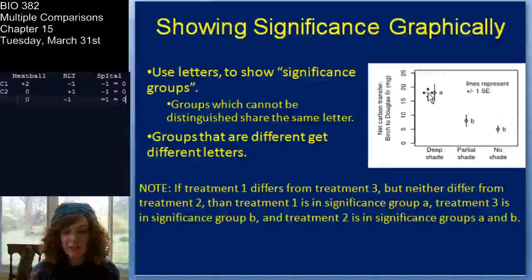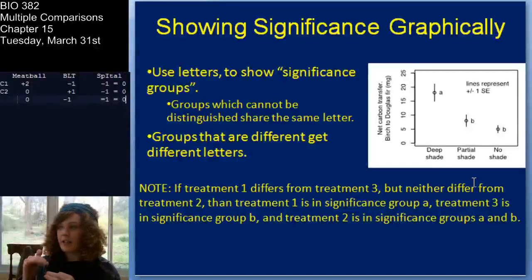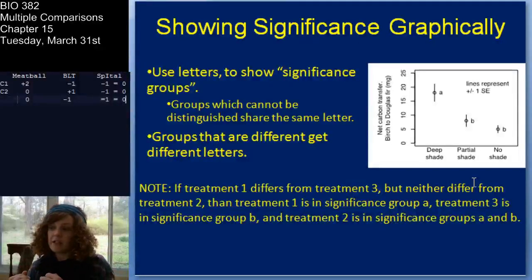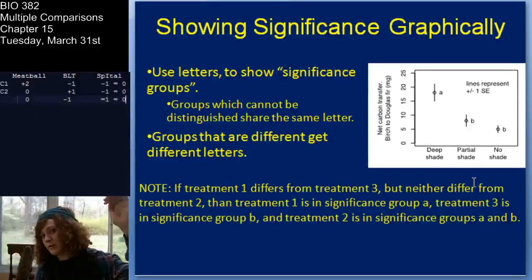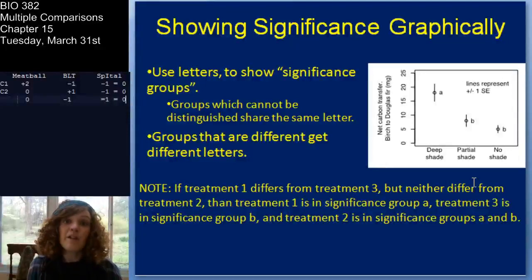In that case, this would be A, and this would be B, but this would be A, comma, B, because it's a member of both groups. Okay, and that's what I'm saying down here. So if you see A and then A, comma, B, comma, C, that means it's not different from any of 3 other groups, right? And then you have a group B and a group C. If, for example, you had 4 levels of your independent variable.